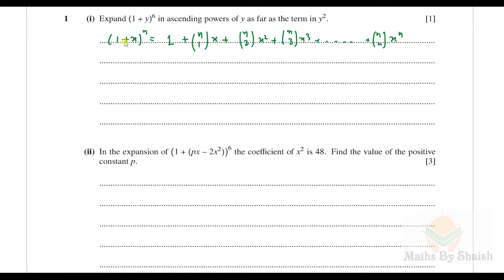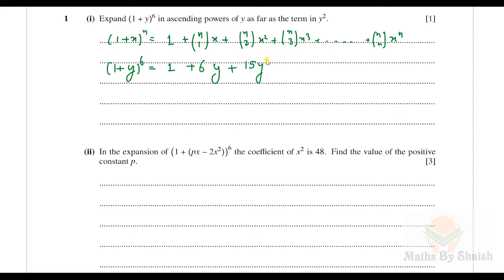Here we can see it is power 6, so we can use Pascal's triangle for the coefficients as well, and we are going to use it in this way only. And 1 plus y raised to the power 6 would be 1 plus 6C1, or from the Pascal triangle values also, the coefficient is 6, it is 6y, and the next one is 15y square.